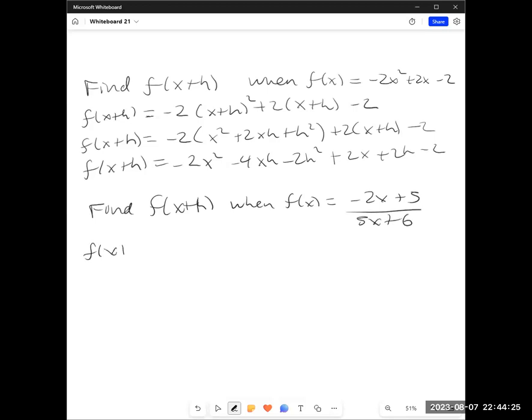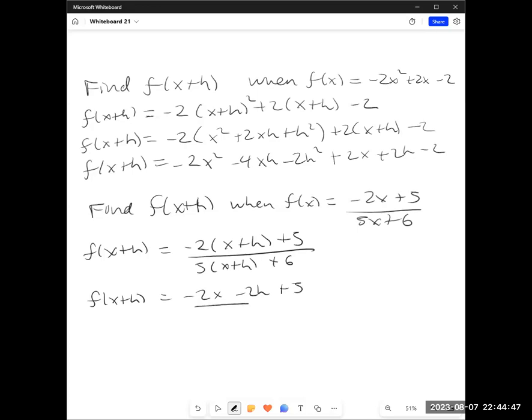So f of x plus h is going to be equal to negative 2 times the quantity x plus h plus 5 in my numerator and 5 times x plus h plus 6 in my denominator. That's going to be negative 2x minus 2h plus 5 for my numerator and 5x plus 5h plus 6 in my denominator.